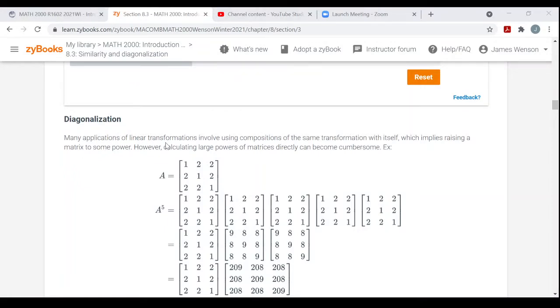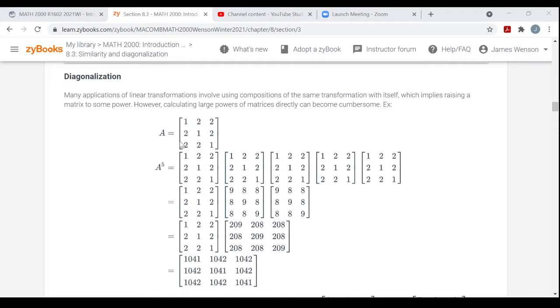Many applications of linear transformations involve using compositions of the same transformation with itself, which implies raising a matrix to some power. You just keep multiplying by the same transformation matrix over and over again. However, calculating large powers of matrices directly can become cumbersome, or tedious.